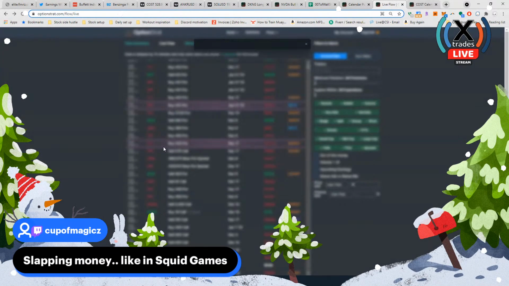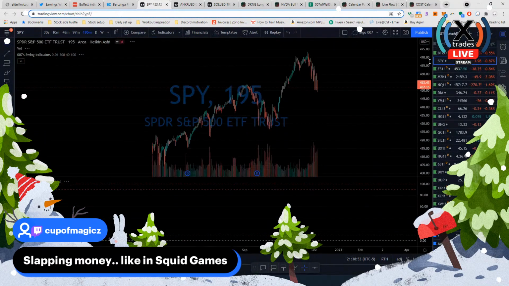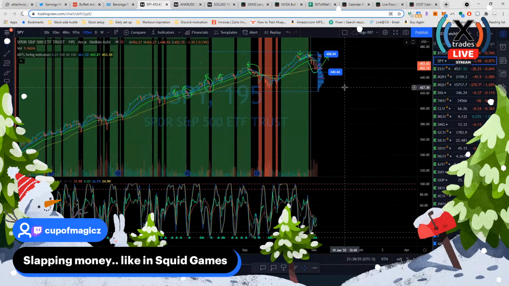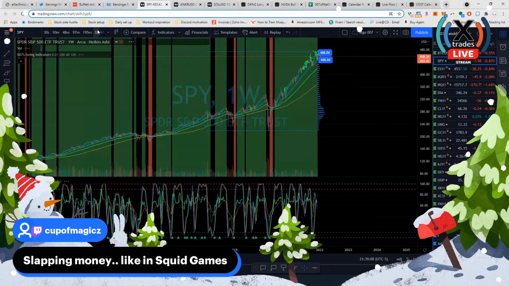They think it's going to 432. Going downtown. Jesus. 432? I think they want the move all the way down to the support level here, like 427s.